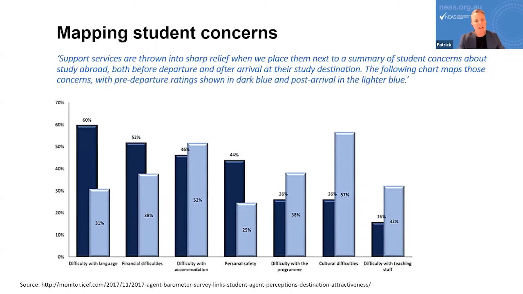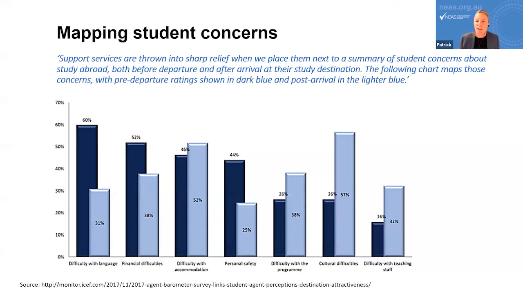Before they come, they are concerned about difficulty with the language, financial difficulties, personal safety. These are kind of priority concerns for them. However, once they get here, the concerns change, and their concern shifts to difficulty with finding accommodation, with difficulty with the actual program, and cultural difficulties.